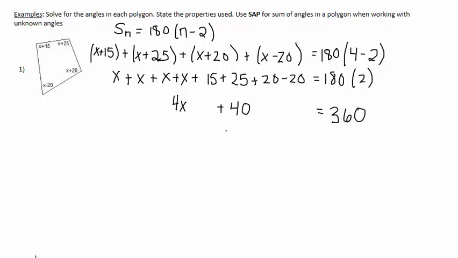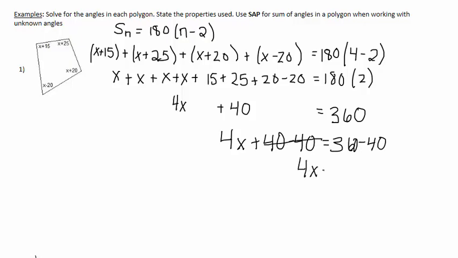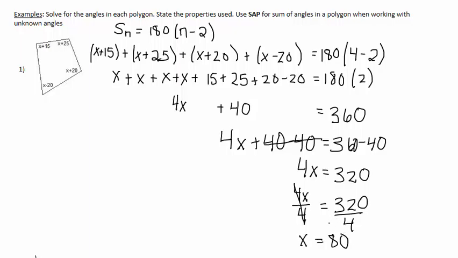Now, let's bring the 40 to the other side by subtracting 40 from both sides. And obviously these cancel out, and we're left with 4x equals 320. And now if we divide both sides by 4, we're left with x is equal to 80 degrees.